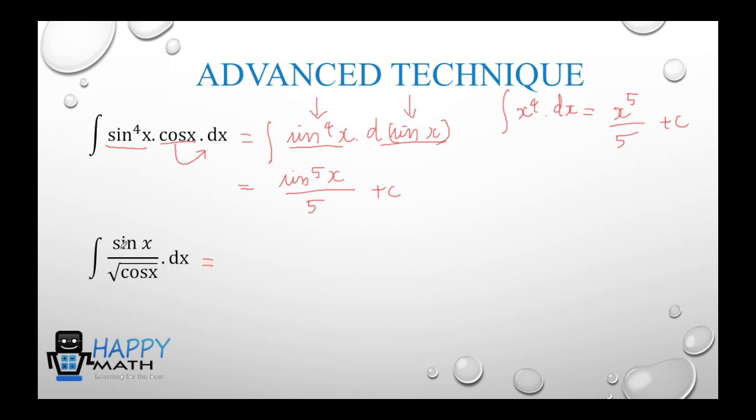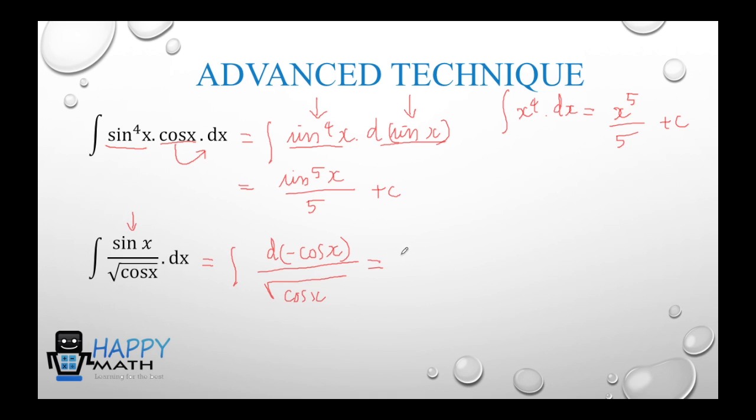Okay, we continue. The more complicated function here is the square root of cos x, so I can't move the square root of cos x inside the derivative. So I will choose the sine first. I will move sine inside the derivative first, so it becomes the derivative of cos, minus cos x... I mean, minus sine x divided by the square root of cos x.